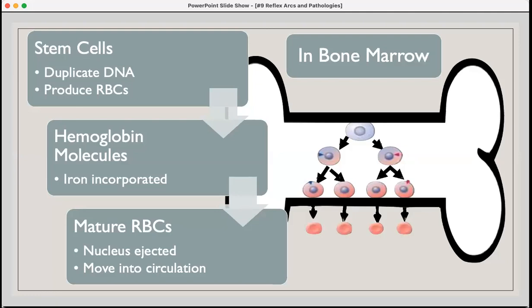As the red blood cells are formed, iron is incorporated to create the hemoglobin molecules, which will carry the oxygen for delivery to the tissues. And as the red blood cells become mature, they're kicked out of the bone marrow. But before they go, they lose all of their organelles. And all they've got are the hemoglobin molecules containing the iron that will be carrying oxygen.